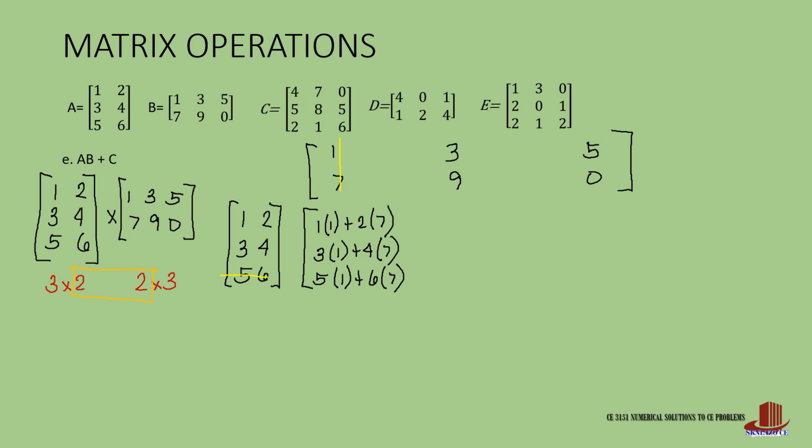Now, how about for our second column? We have 1 times 3 plus 2 times 9.